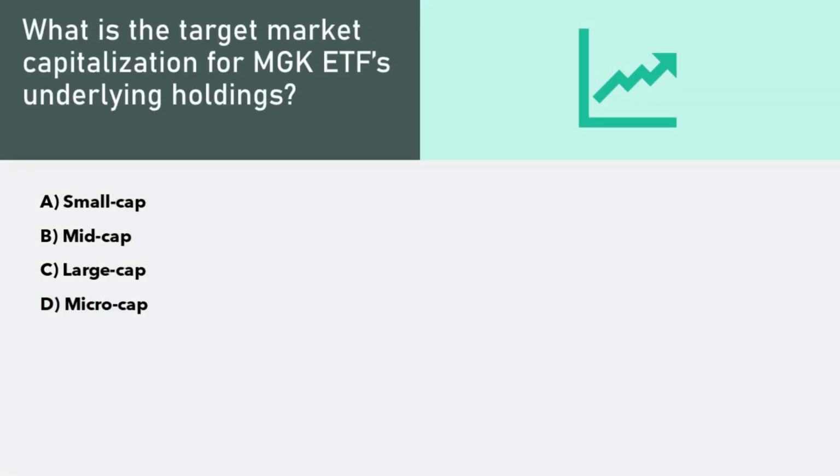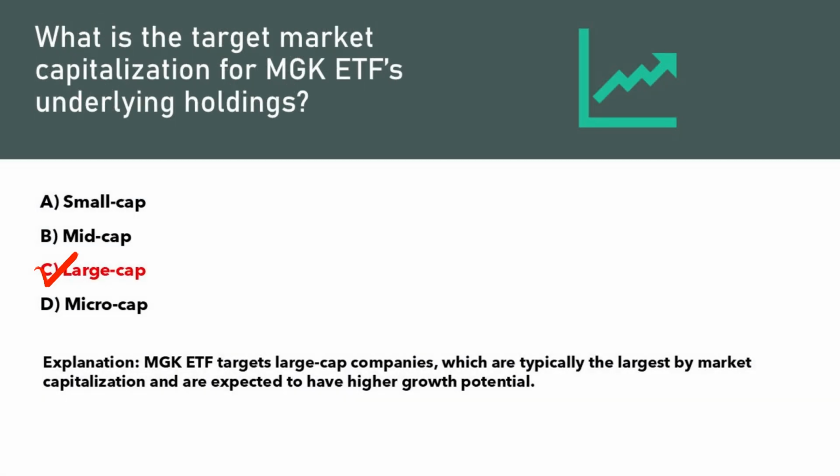What is the target market capitalization for MGK ETF's underlying holdings? Answer: C. Large cap. Explanation: MGK ETF targets large cap companies, which are typically the largest by market capitalization and are expected to have higher growth potential.